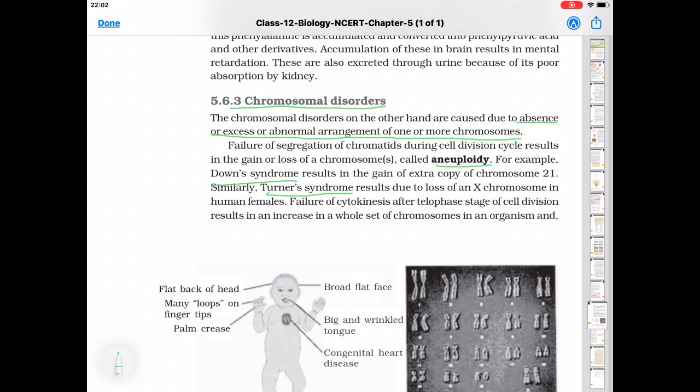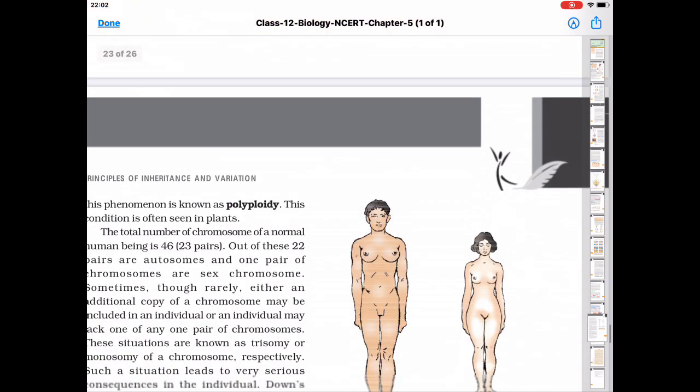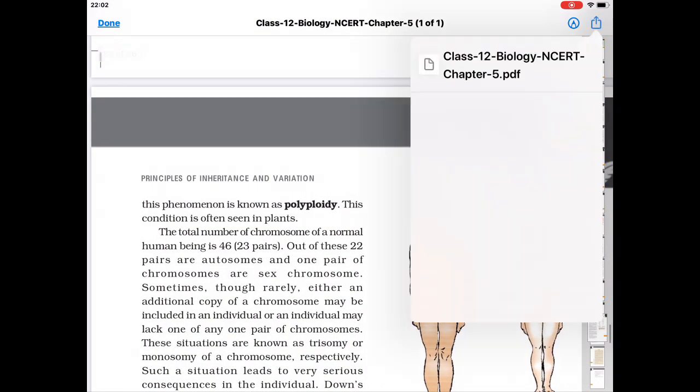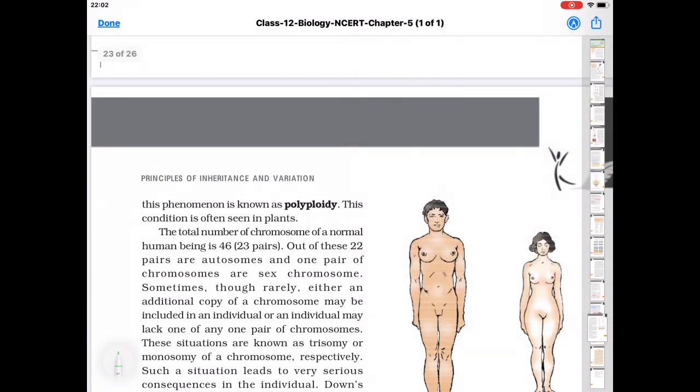Sometimes the whole set of chromosomes in an organism increases. So, this is known as polyploidy. In aneuploidy, 1 or 2 chromosomes are added or deleted. But in polyploidy, the whole set of chromosomes is increased. This often occurs in the case of plants. In humans, a total of 46 chromosomes are present, that is 23 pairs of chromosomes.